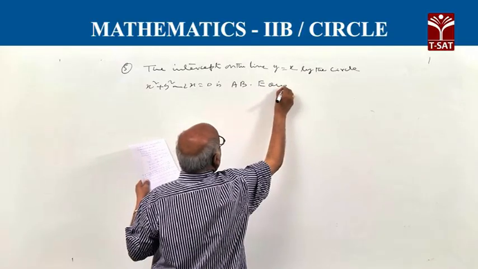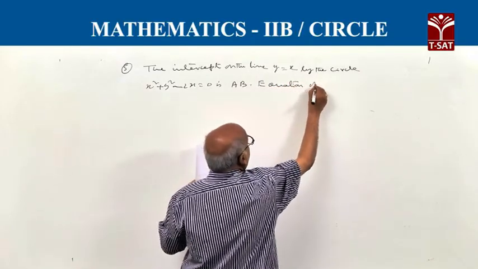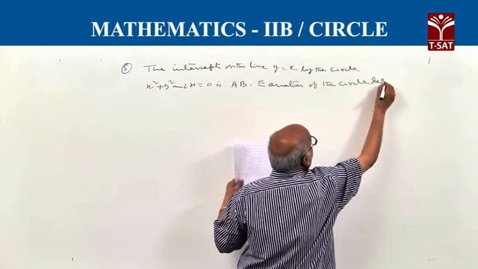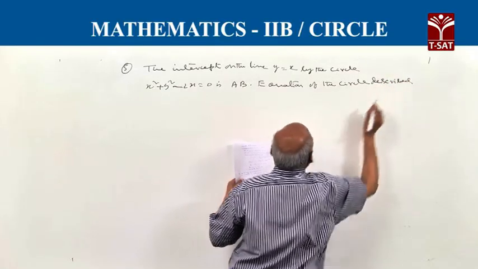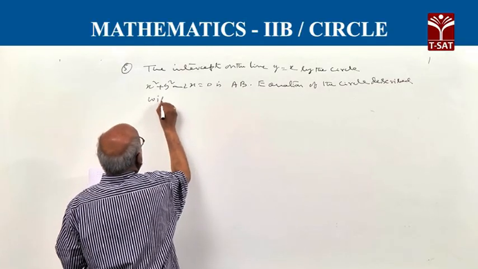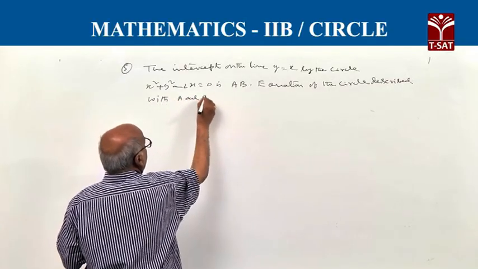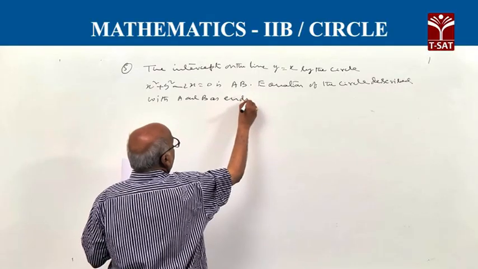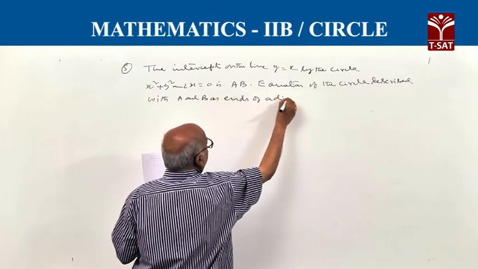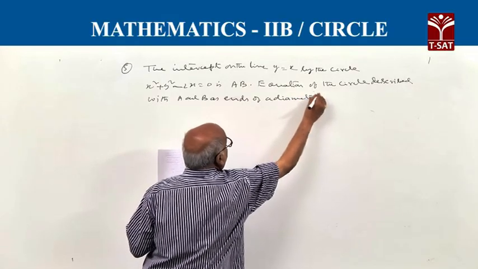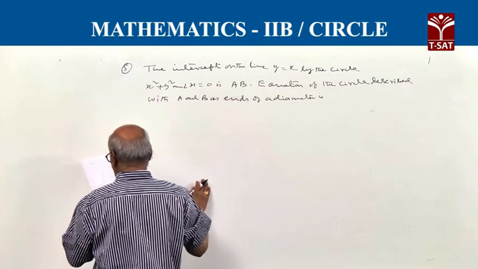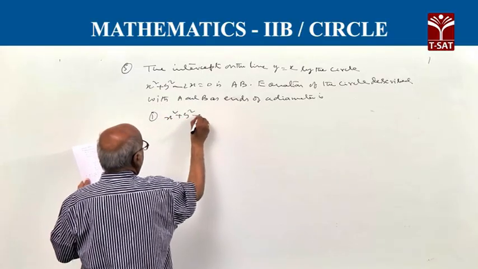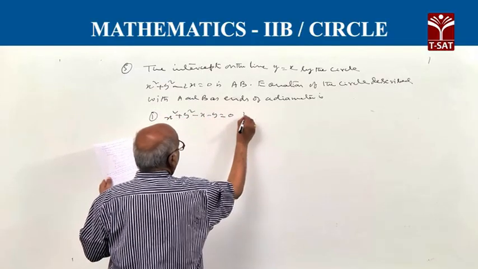So, the equation of the circle described with A and B as ends of a diameter is: number 1, x square plus y square minus x minus y equal to 0.